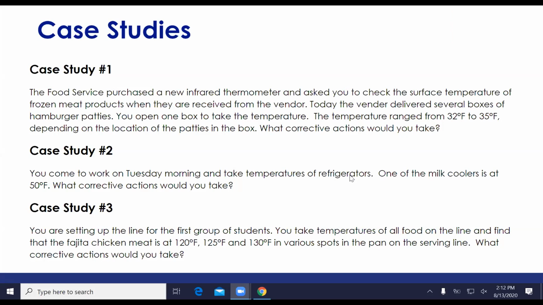If you have a holding cabinet, you need to check to make sure that it was turned on in time and is holding the correct temperature. And if it needs to be fixed, you'll need to do that by letting your food service manager, director, or supervisor know so that they can handle the procedure correctly. So very good.